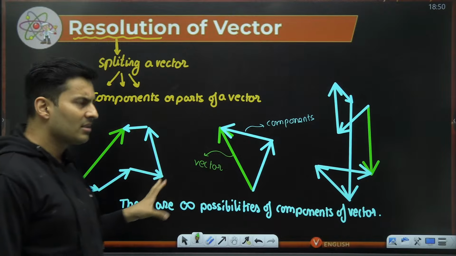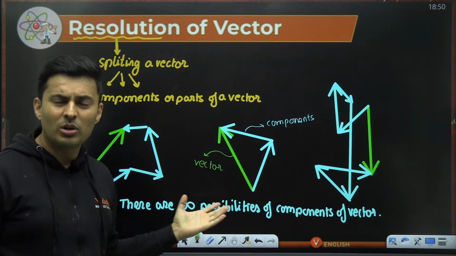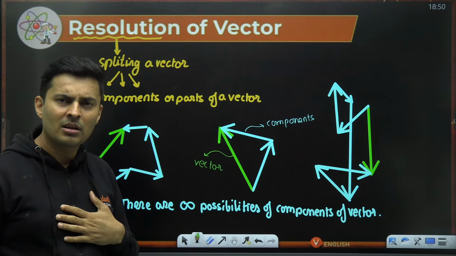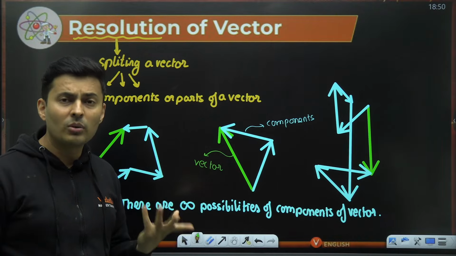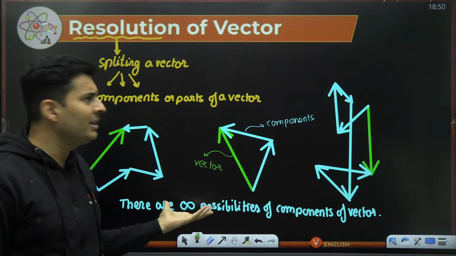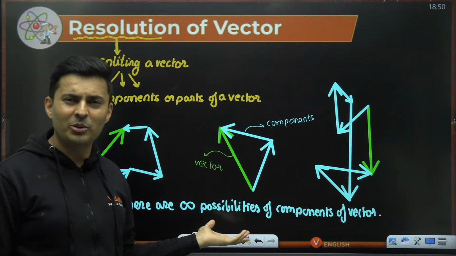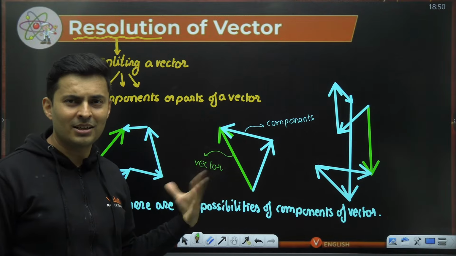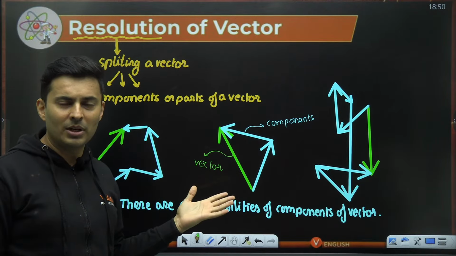Sir, but what you are telling, infinite possibilities, how is it going to help me? There are so many ways. So which way do I choose, and why do I even need to do it? You will understand it probably in the next lecture, maybe by the end of today's lecture.